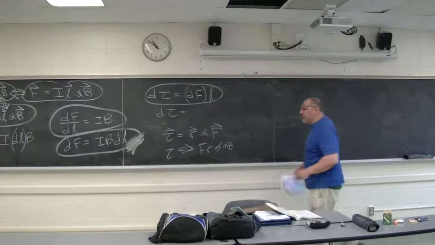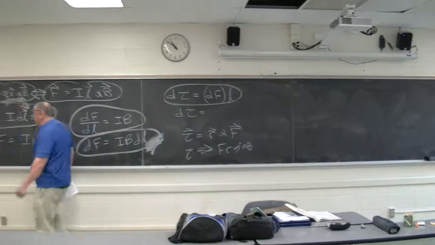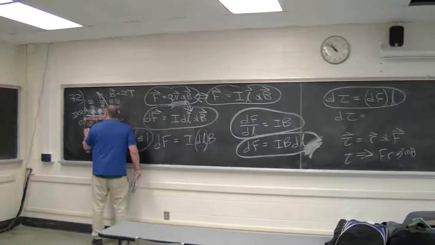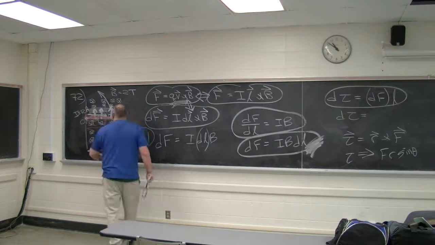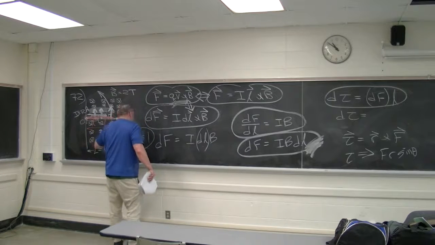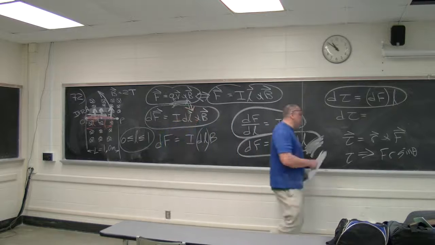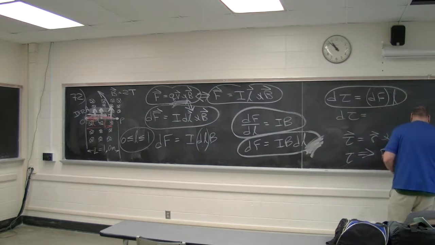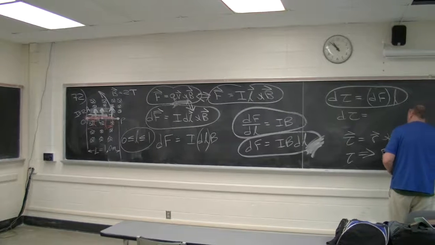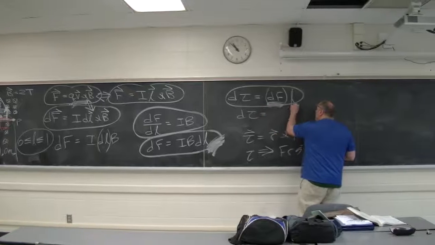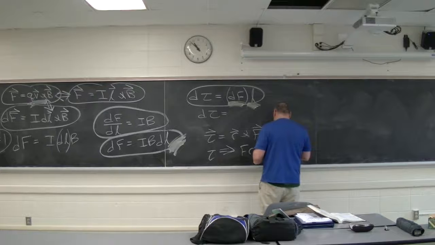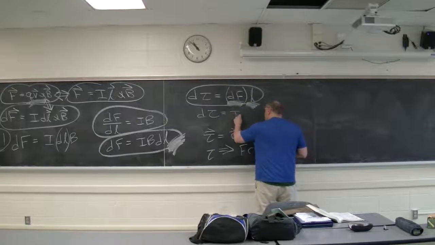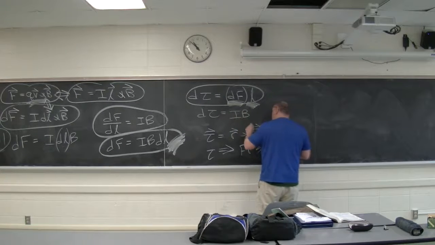Wherever you want to go, this is an actual lever arm of length L. Further on, this is another lever arm, also length L, a different length L. This is a function, and it varies. That's what we're going to do in an integral. So let's see what we got here. d tau is dF times L. dF varies, as we said. dF is going to be IBdL.